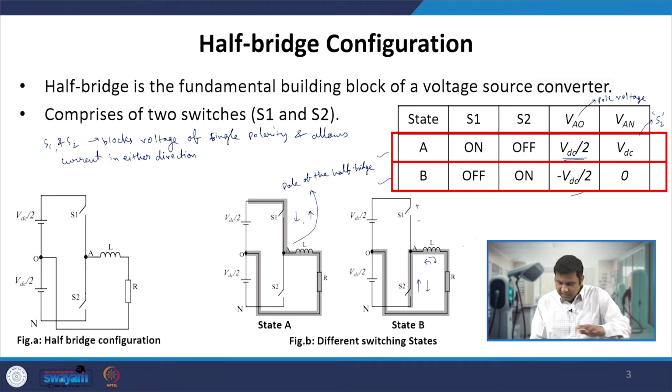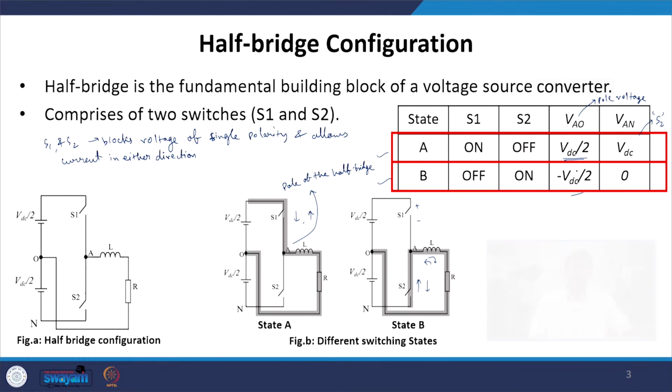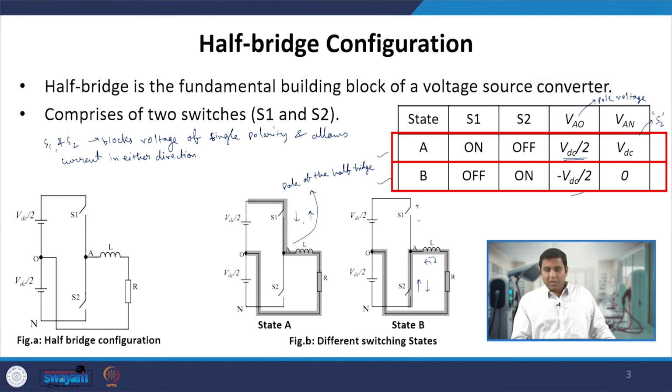So if we see VAO, for some time it is VDC by 2, and for some time it is minus VDC by 2. Now if we vary the pulse width, we are not changing the magnitude, we are just changing the duration for which VDC by 2 is applied and minus VDC by 2 is applied. That means we are just changing the width of the pulses which vary between VDC by 2 and minus VDC by 2.